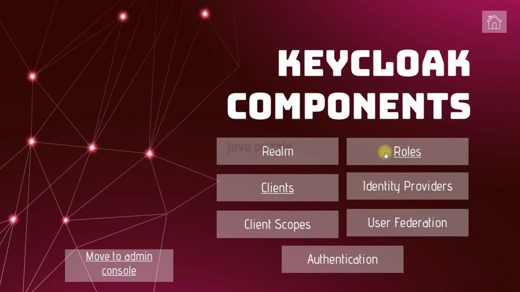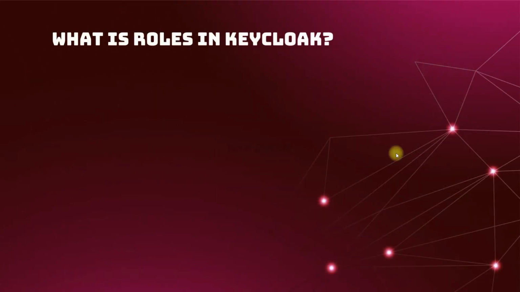Now let's talk about roles. What is a role in KeyCloak? A role identifies a type or category of user. As an example, inside an organization, the roles can be admin, HR, employee, etc. Also, one user can have multiple roles.